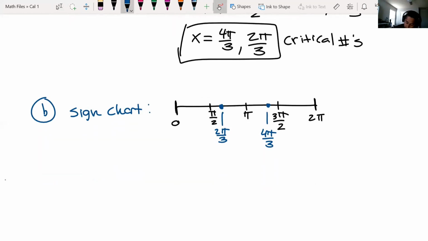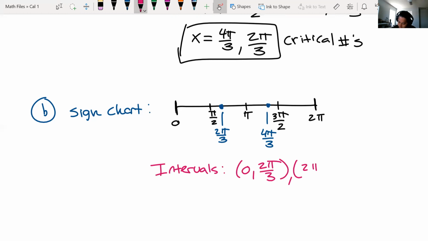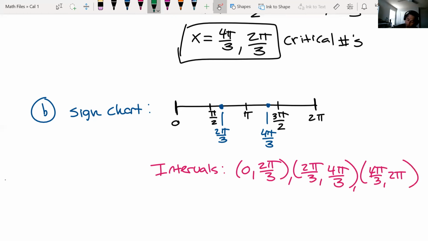So this means that for my intervals, I have 0 to 2 pi over 3, and then 2 pi over 3 to 4 pi over 3. And then last is 4 pi over 3 to 2 pi. Okay. So now we pick test numbers.